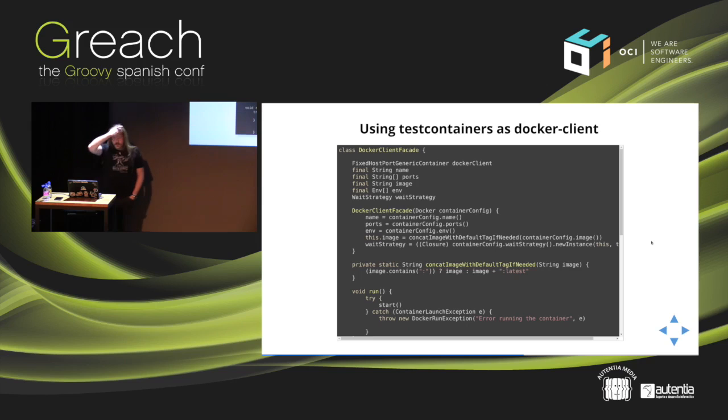So the first thing I did was I substituted the Groovy test client library with the test containers, and still used my own facade classes in front of them because I thought, maybe I've switched to 3 different library implementations now, maybe I'll switch to the 4th next week. But it generally was a plug-and-play replacement in this case. So that was already nice.